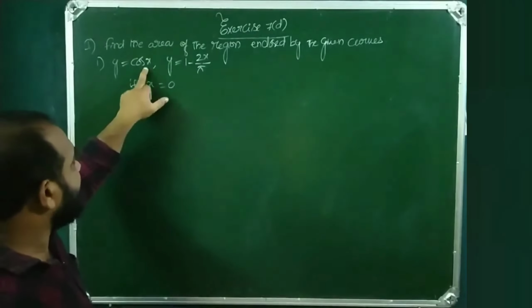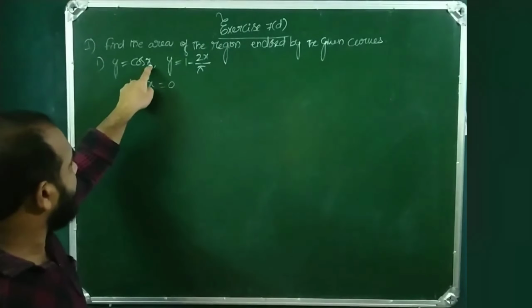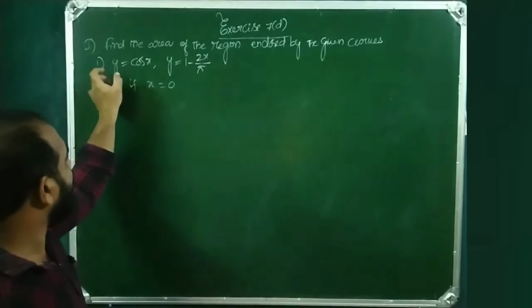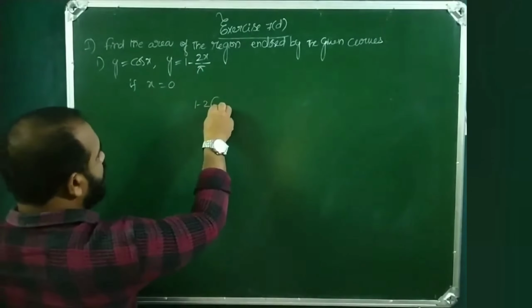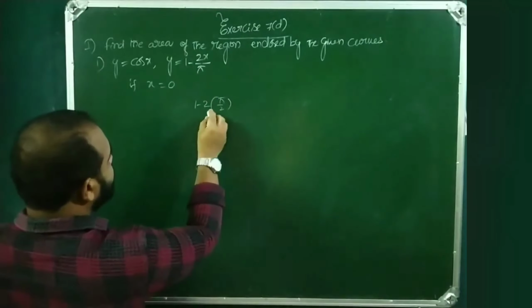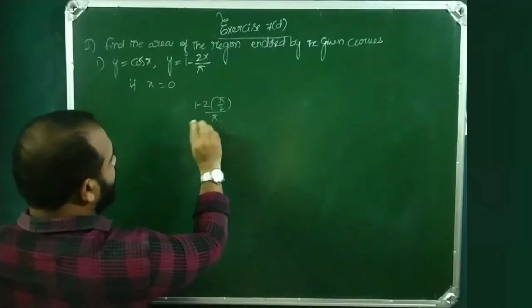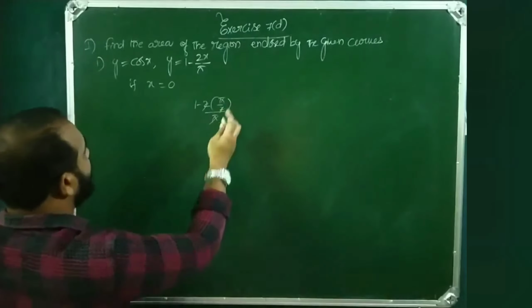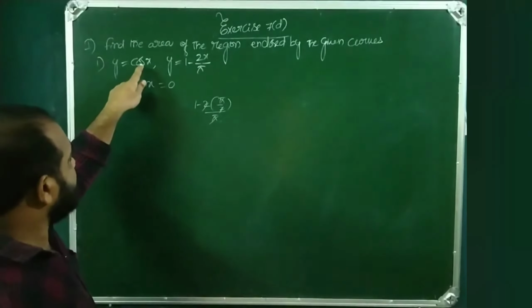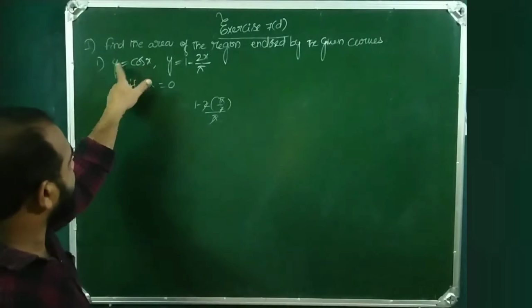And at x equals pi by 2, cos pi by 2 is 0, so y equals 0 here. In the line, substituting pi by 2, 1 minus 2 into pi by 2 by pi, the 2 gets cancelled, pi by pi is 1, so 1 minus 1 is 0.